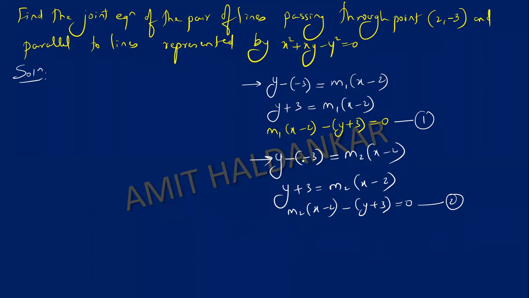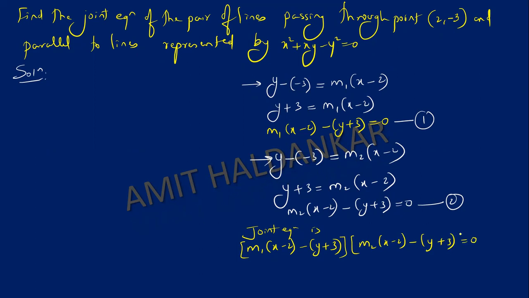The joint equation will be, taking equation number 1, m1 into x minus 2 minus y plus 3, into m2 into x minus 2 minus y plus 3 is equal to 0.